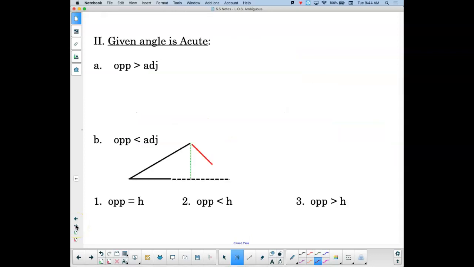Now, my given angle is going to be acute. Opposite longer than adjacent. You've got to go way out more.